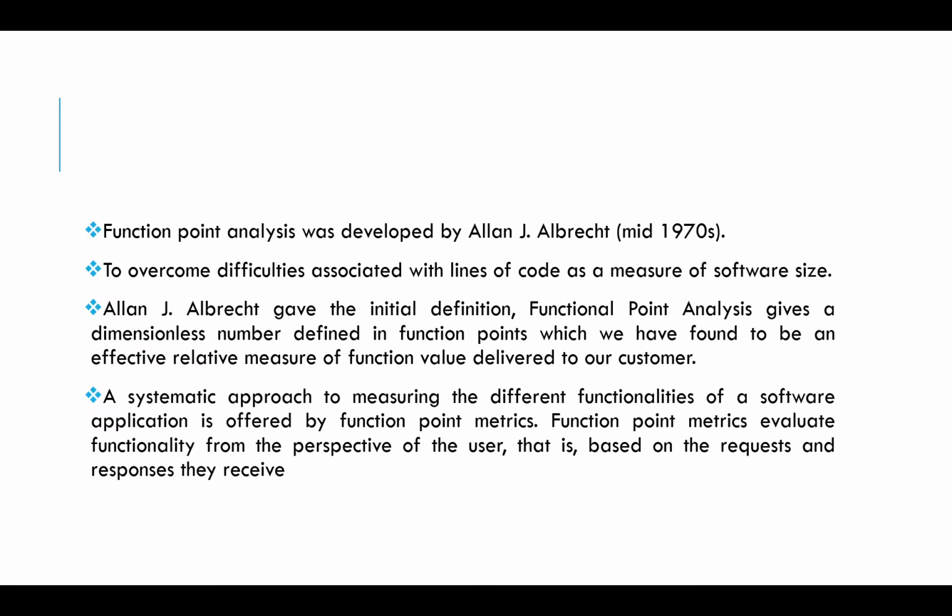Function point analysis measures the functionality delivered to the user, not how it is implemented. So how many functions are we using to complete the software development? Suppose we are using different functions like addition, subtraction, a complete calculator.